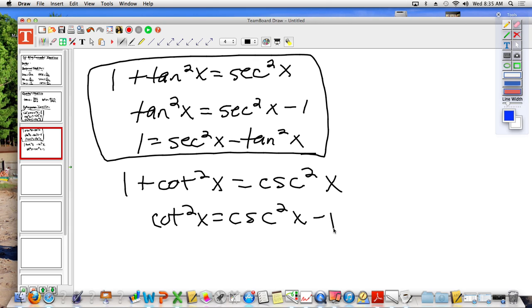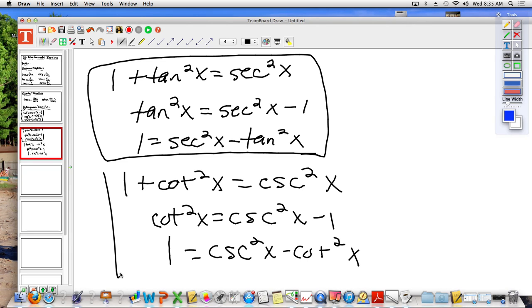And we also could solve for 1. 1 would be equal to the cosecant squared of x minus the cotangent squared of x. Very good. These 3 things.